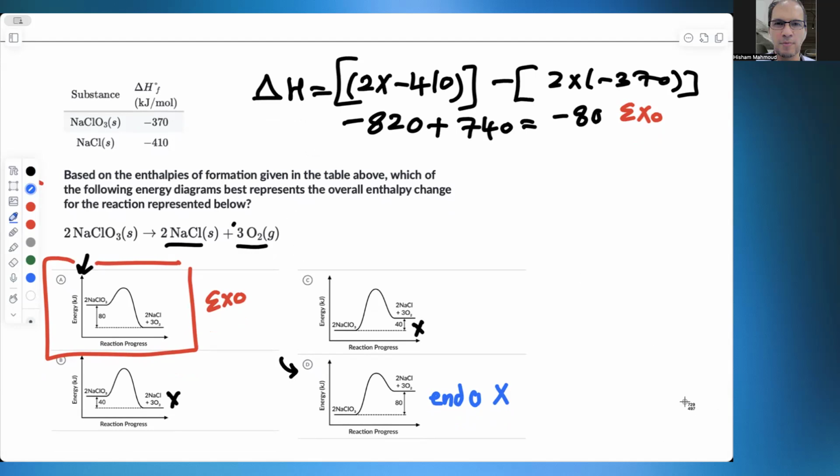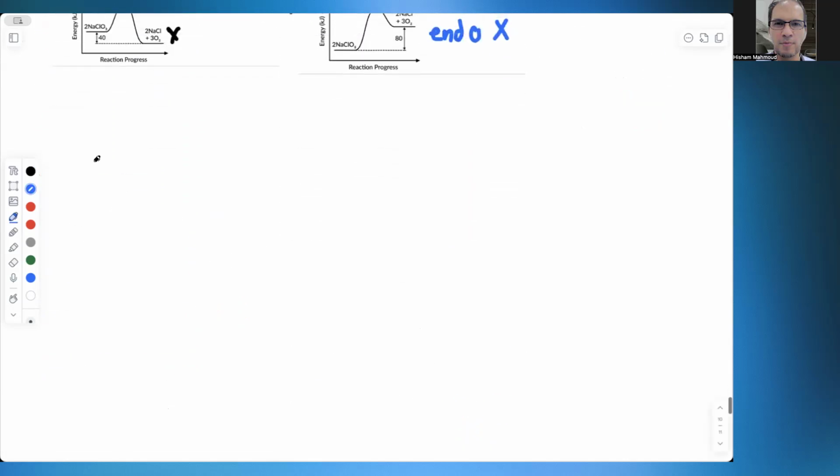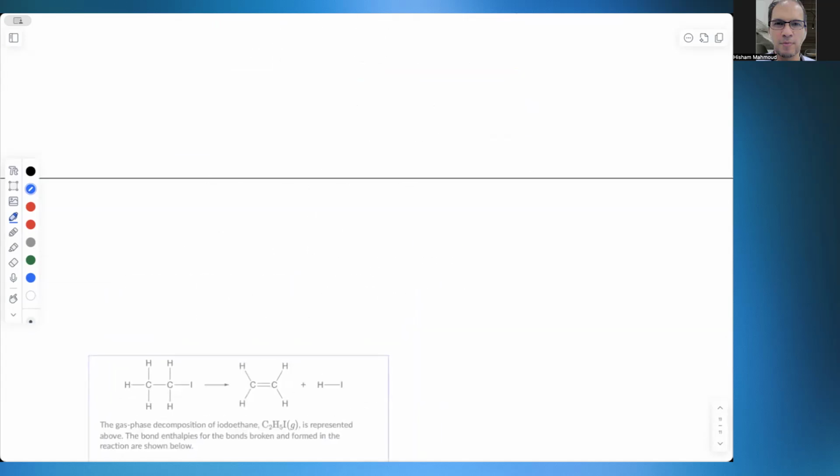So bond enthalpy is the third and last method to find the delta H of a reaction. The three methods are either by calorimetry or by Hess cycle, and the third method that we will use right now is finding it by the bond enthalpy.